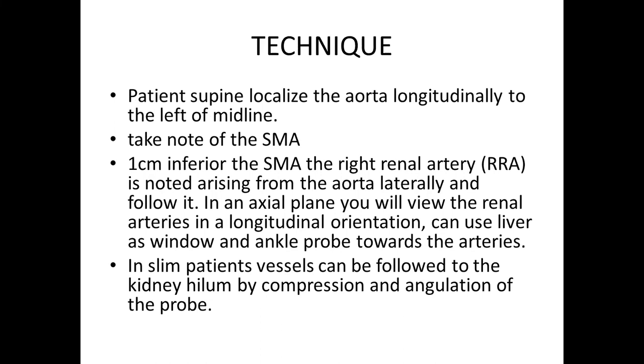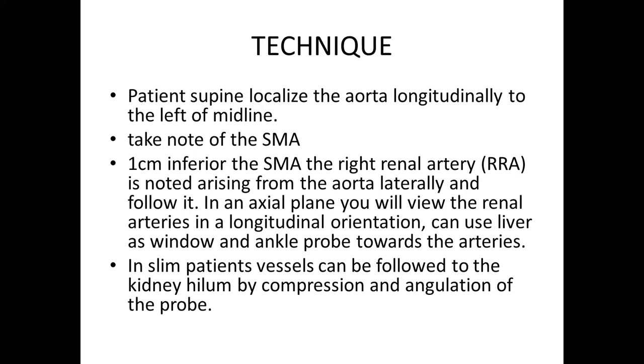Now, let me get into the technique part of it. I'll try to be brief and quick here. Right, we put our patient supine on the bed, and then we try to localize the aorta longitudinally to the left of the midline. Then we look for the superior mesenteric artery.